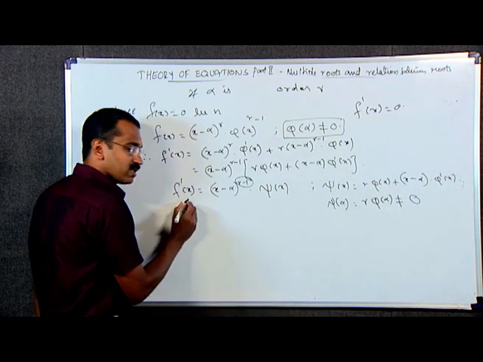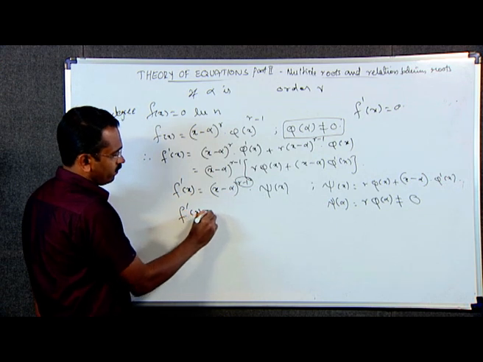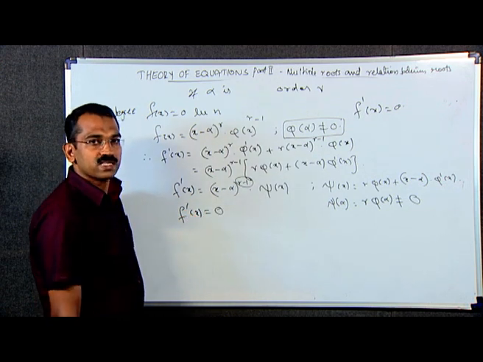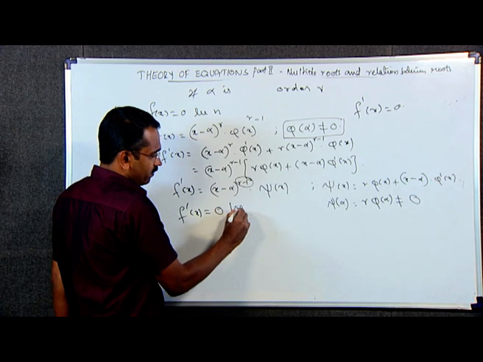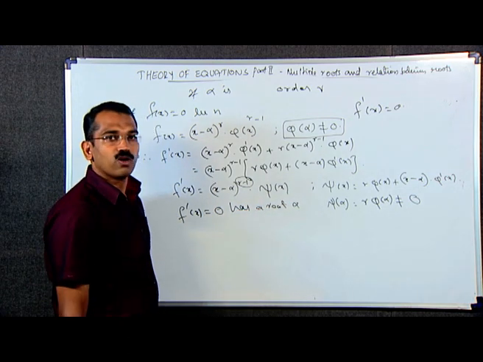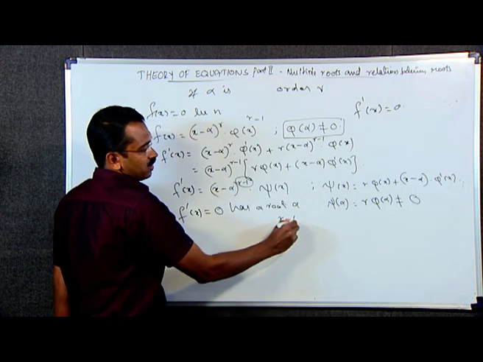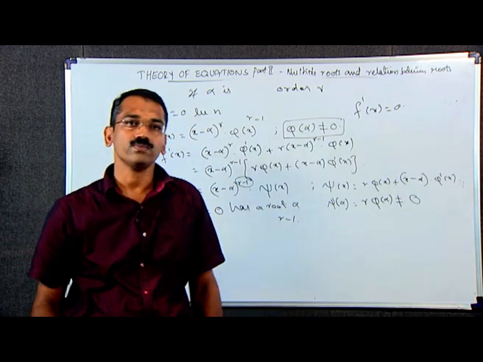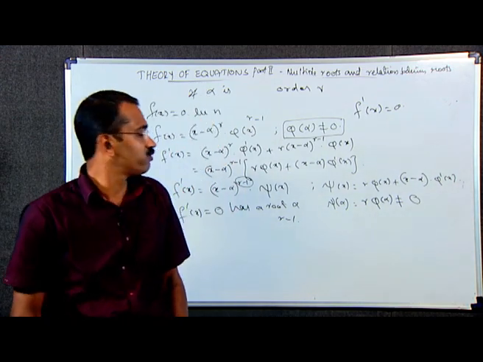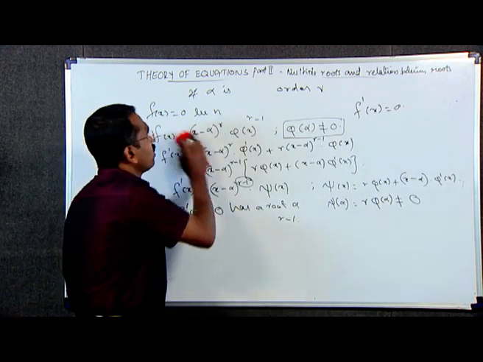Therefore, we can say that f dash of x equal to 0 has a root alpha of multiplicity r minus 1. Here the multiplicity is r minus 1. This is the proof.